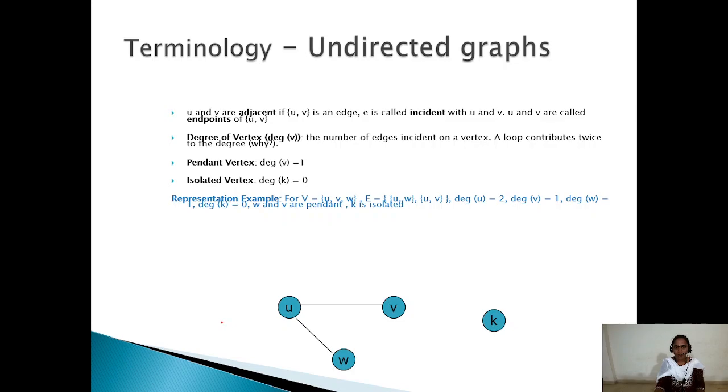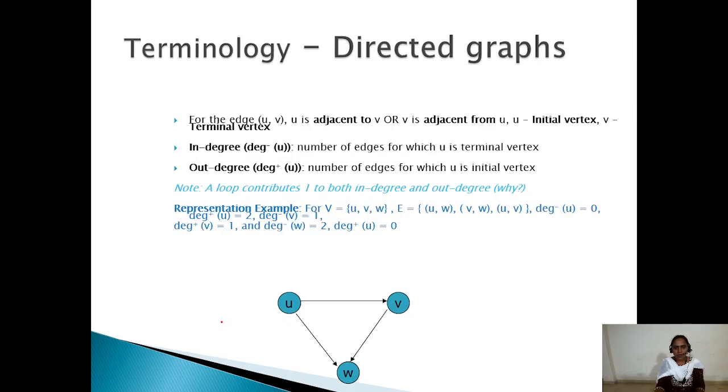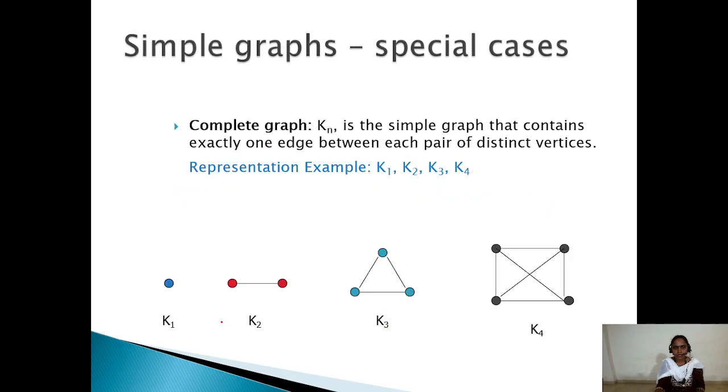What is an undirected graph? Already told. What is a directed graph? Already see examples. What is a complete graph? Complete graph means, see, this is the example: every vertex is connected to every other vertex by an edge.